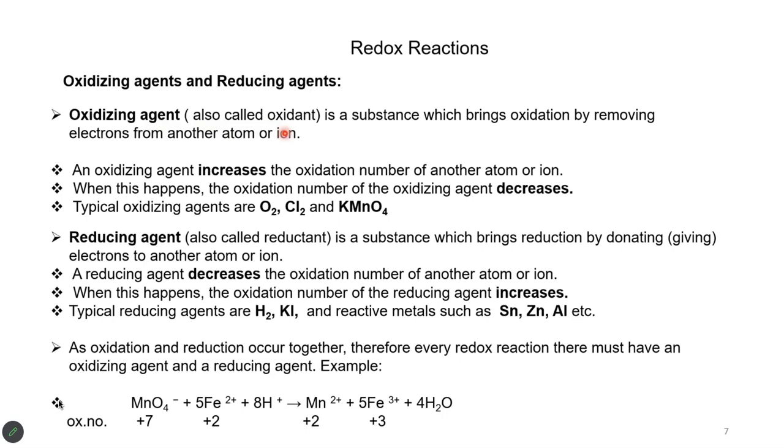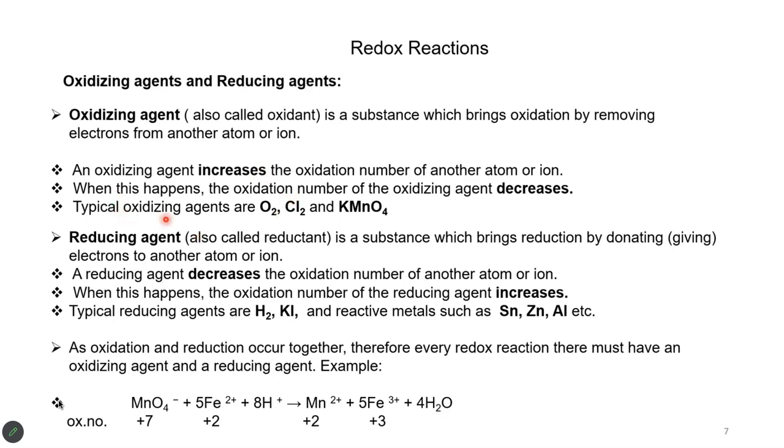An oxidizing agent is also called an oxidant. It is a substance which changes the oxidation number of another atom by removing electrons from it. How does it change? It increases the oxidation number of another atom. An oxidizing agent will increase the oxidation number of another atom.